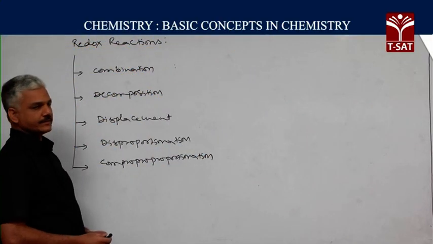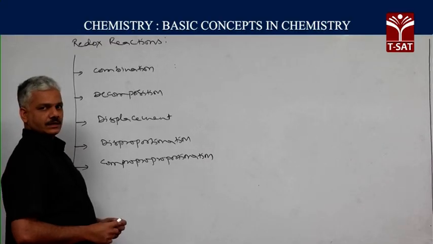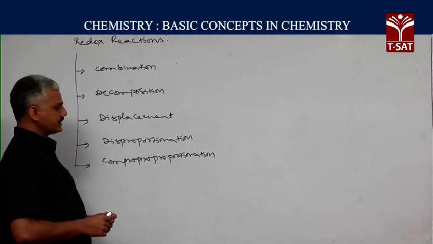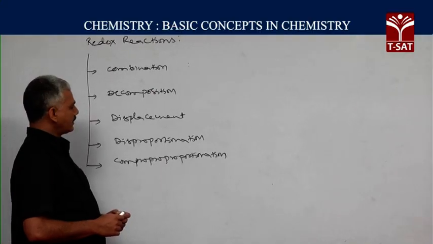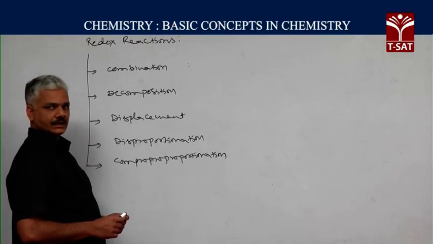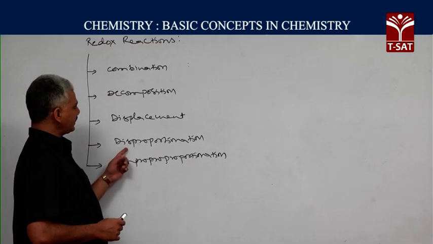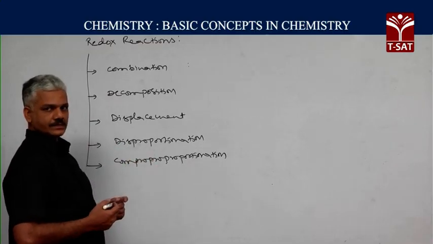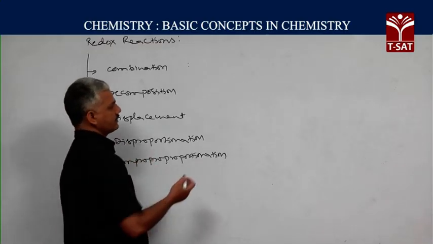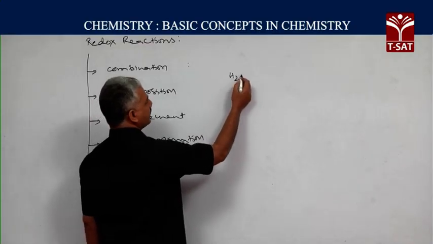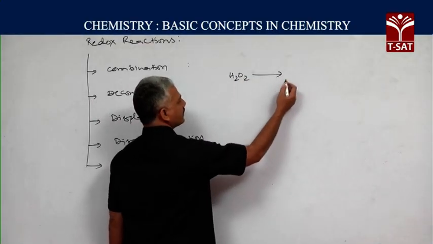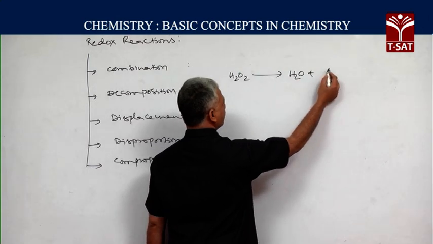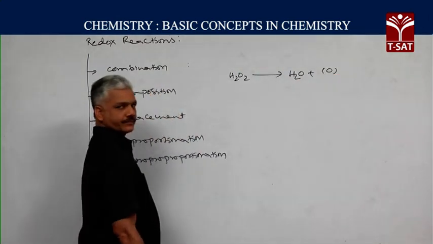Disproportionation reaction. It is a redox reaction in which the same substance on the reactant side undergoes both oxidation and reduction. Such a redox reaction is called a disproportionation reaction. Say for example, hydrogen peroxide dissociates to give water and nascent oxygen.